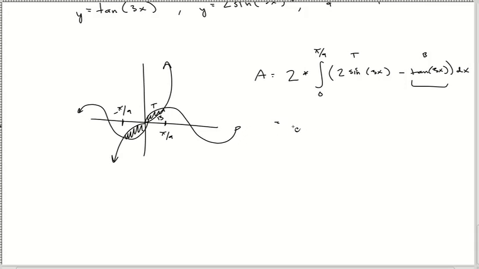And so let's do this. I'm going to leave the 2 in the front. My integral of the sine is going to be a negative cosine, but I'm going to have to divide by this 3. And so what I actually end up with is a negative 2/3 cosine of the 3x.